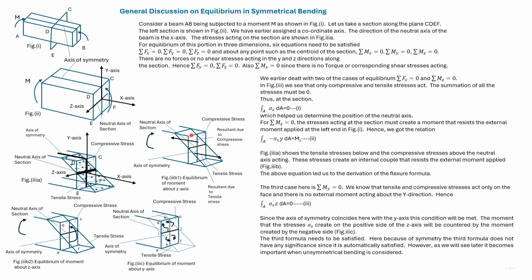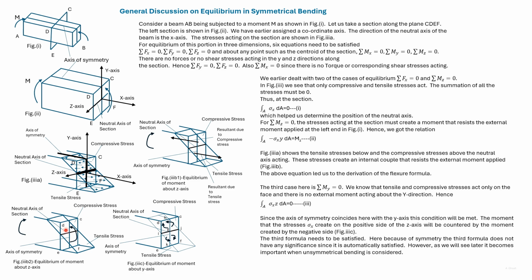However, the line of action of these forces are not the same, and they create a couple which forms the internal moment of the section. So here we have represented the internal moment on the section.